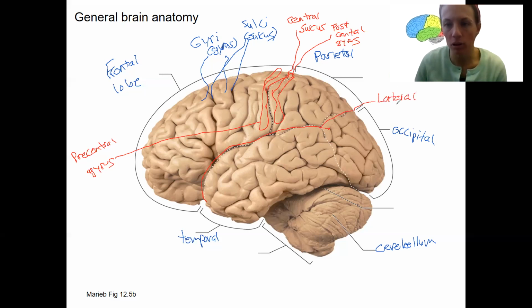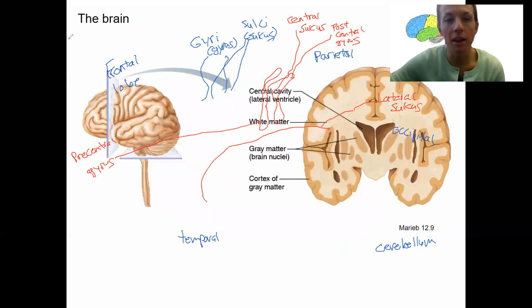And these are all landmarks, right? They're going to be used to orient us and give us some idea of where we are. We also could label rostral and caudal if we wanted to. That's superficial anatomy.